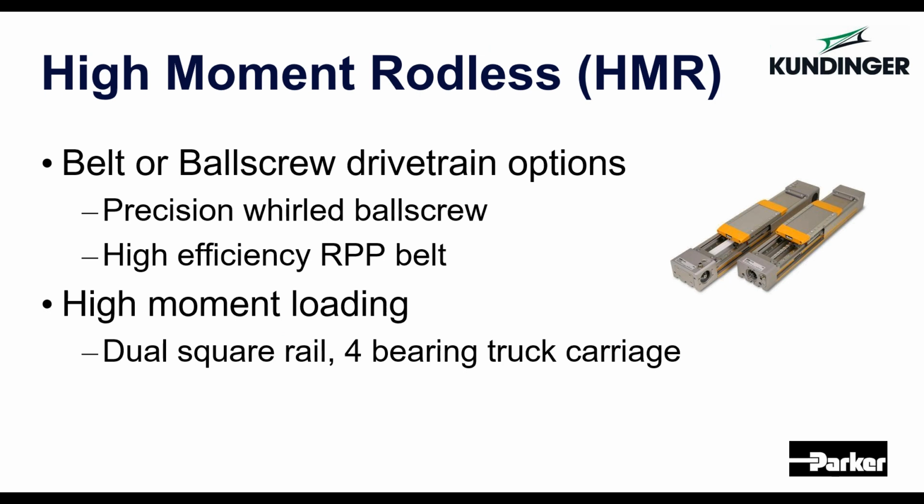So for high moment loading, this is a dual square rail product, meaning there are 2 rails per actuator, each rail having 4 trucks. There's a bearing truck in each corner of that carriage. I mentioned this is a precision whirled screw, meaning we're about sub 1,000th or 20 micron of repeatability on these units, but this is still not what I would call a precision product.